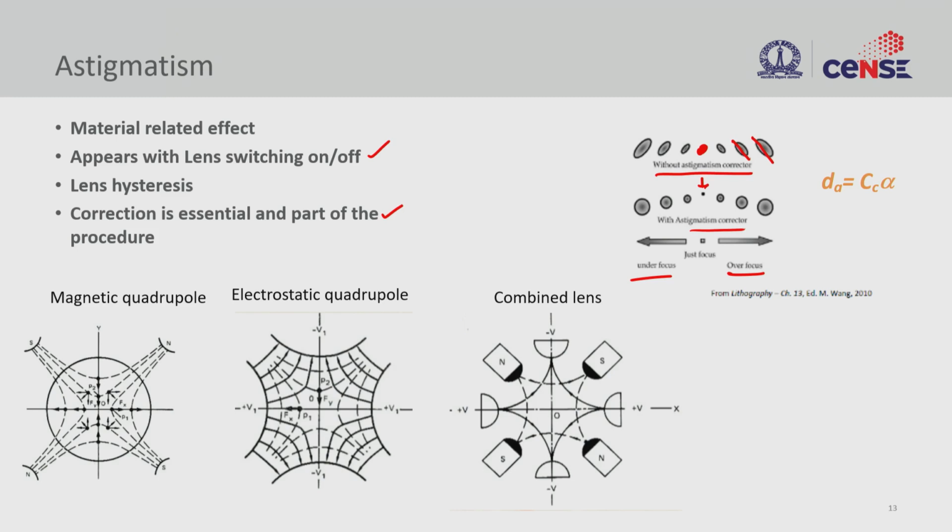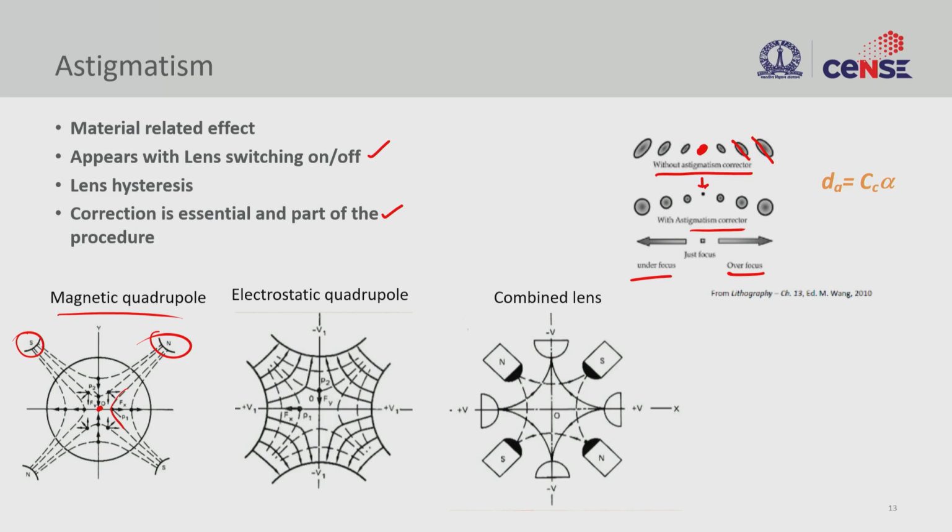As I mentioned, we use magnetic and electrostatic lenses. In a magnetic lens, you use magnets. You have the field lines going through, and then the electron beam will feel the force, and accordingly you can focus.